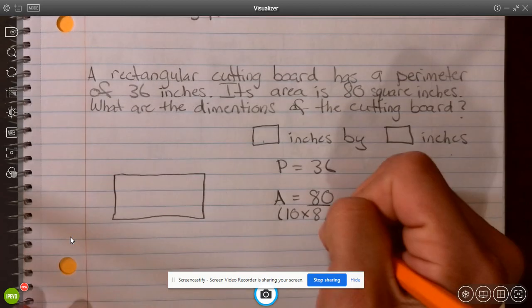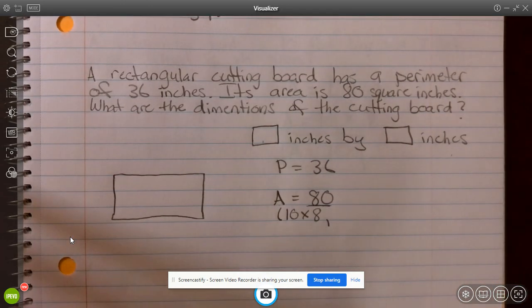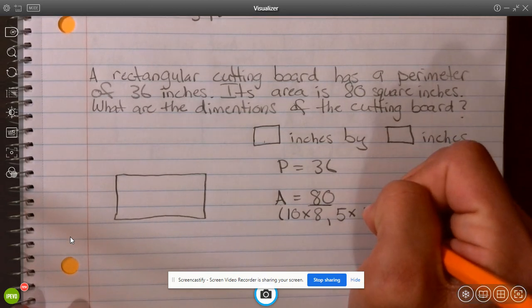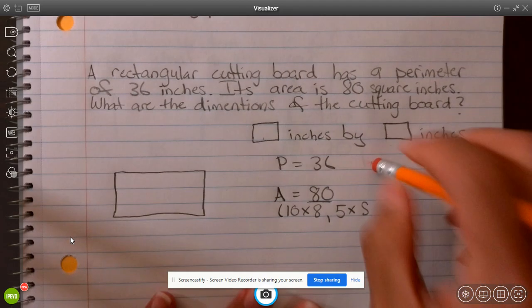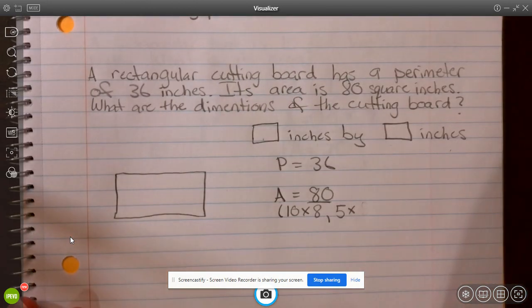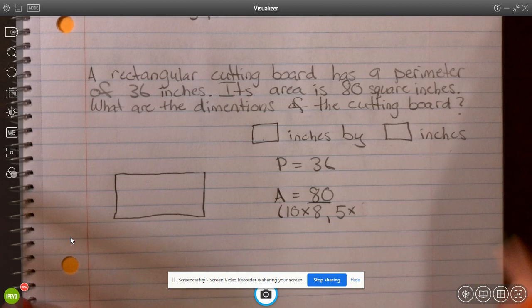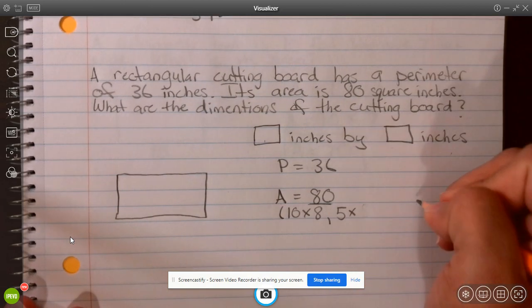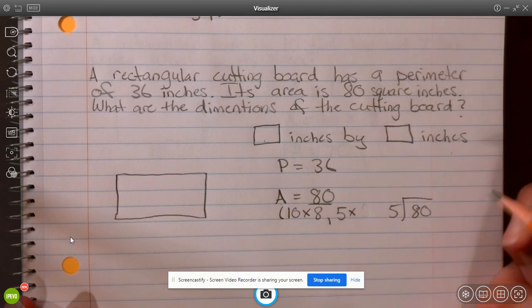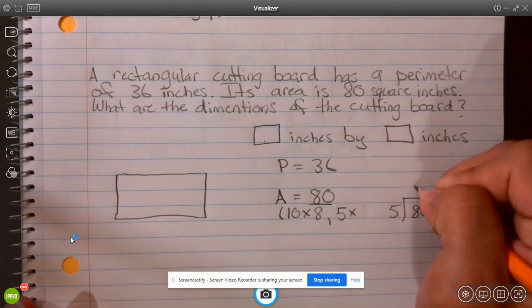There are a lot of other pairs that could equal 80. 5 can go into 80. It ends with a 0, so we know 5 can go into 80. Now, how many times? 5 goes into 8 one time.